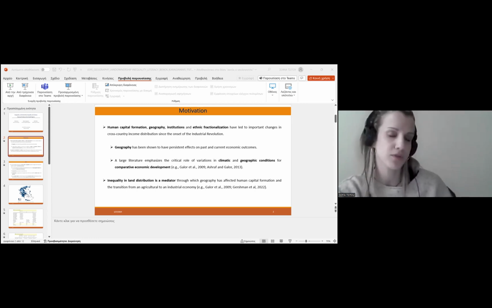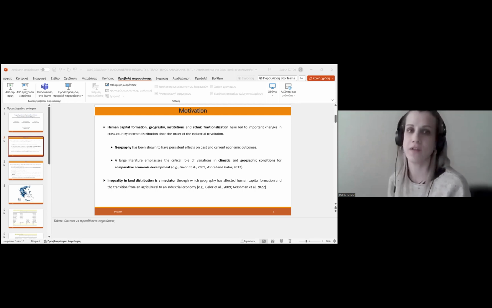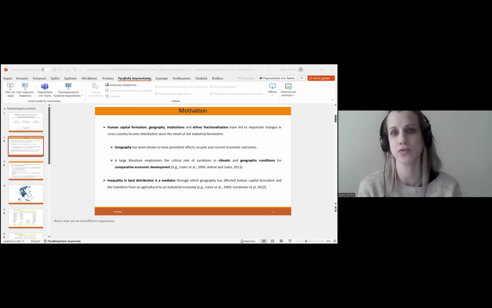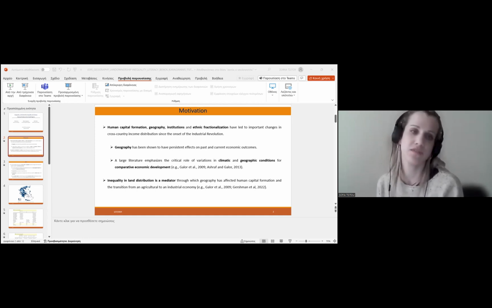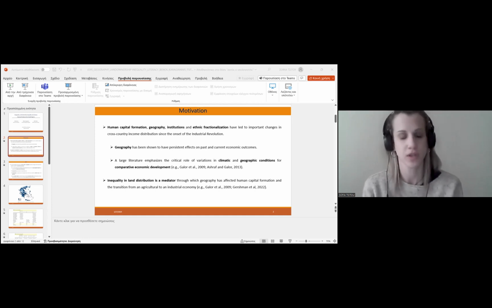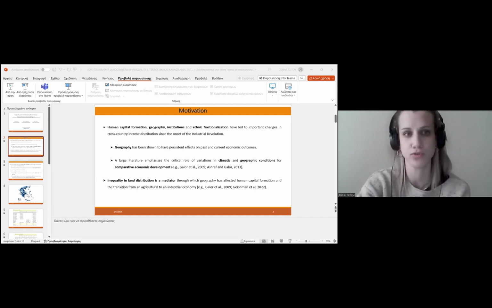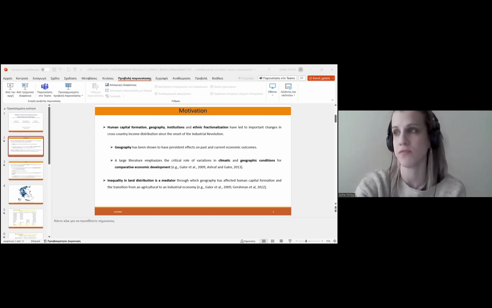First of all, our motivation. Factors such as human capital formation, geography, institutions, and ethnic fractionalization have led to important changes in the income distribution across countries since the onset of the Industrial Revolution. Geography has been shown to have persistent effects on past and current economic outcomes.